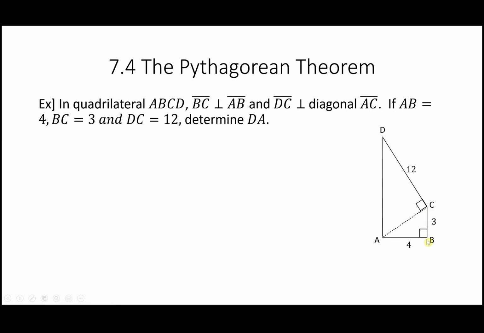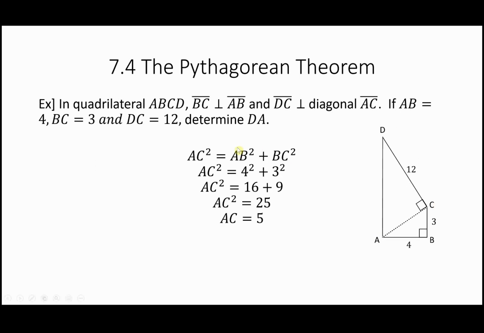One length is 3, another is 4, so the hypotenuse should be length 5, if you know your Pythagorean triples. If you don't, you could always set up the Pythagorean theorem, and you would eventually calculate that indeed the diagonal AC is of length 5. Notice that there are no units here, so don't worry about adding units to your final answer. Just the numbers are fine.